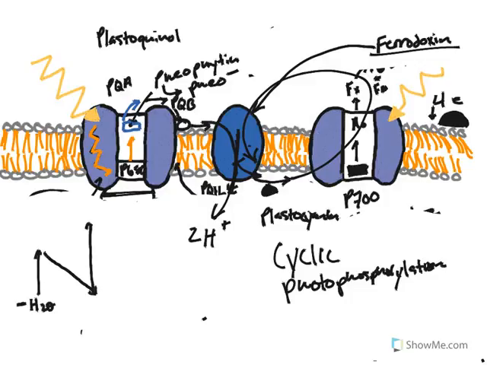That's why we use photons to raise them back up to a higher excited energy state. And as they travel through FX, FB, and FA, the ferredoxin, they're going to be reduced a little bit. But when they get to ferredoxin-NADP+ reductase, they're going to be at the perfect energy level to reduce our NADPH molecules.